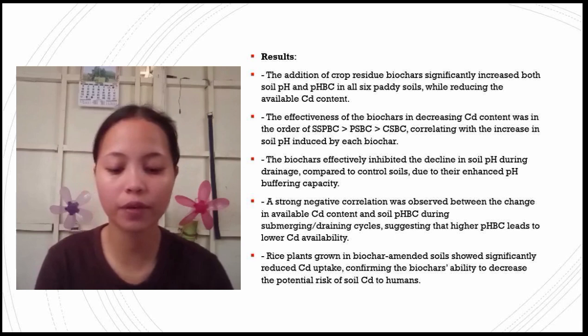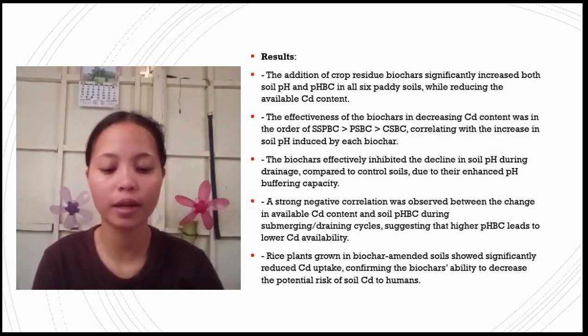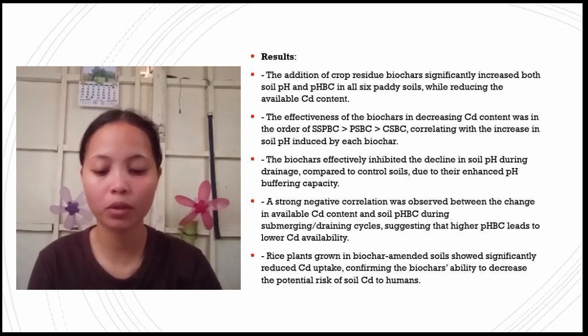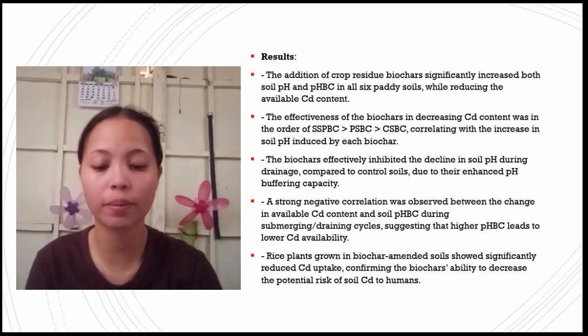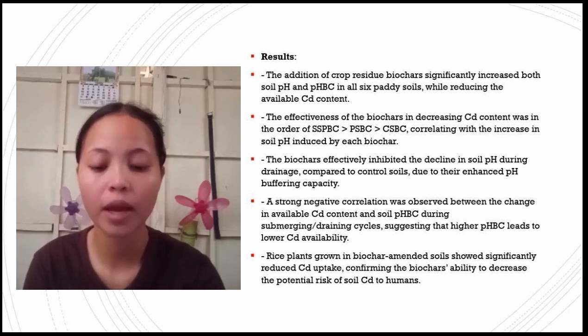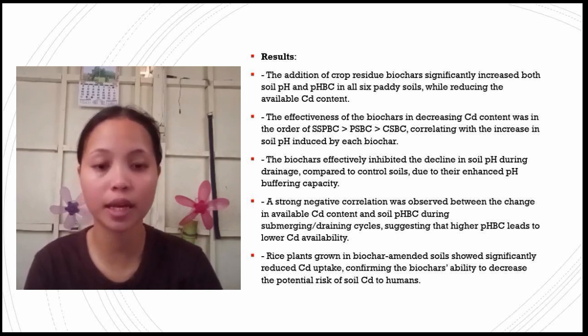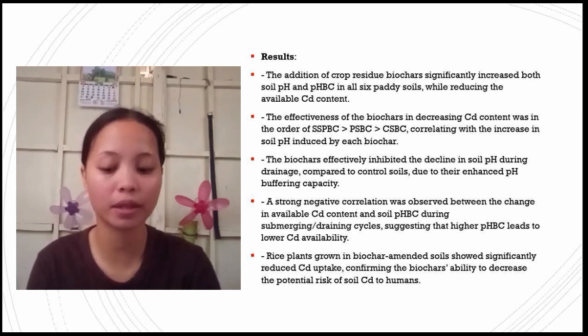The biochars effectively inhibited the decline in soil pH during drainage, compared to control soils, due to their enhanced pH buffering capacity. A strong negative correlation was observed between the change in available Cd content and soil pH-BC during submerging-draining cycles, suggesting that higher pH-BC leads to lower Cd availability.